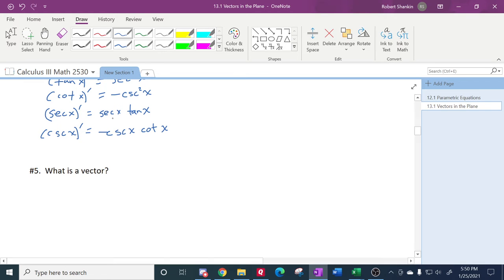Okay, there's a lot of ways you could answer this question. And you could give it notationally, this is what they look like, this is how we write them, and so on. But the essence of what a vector is that it contains two pieces of information.